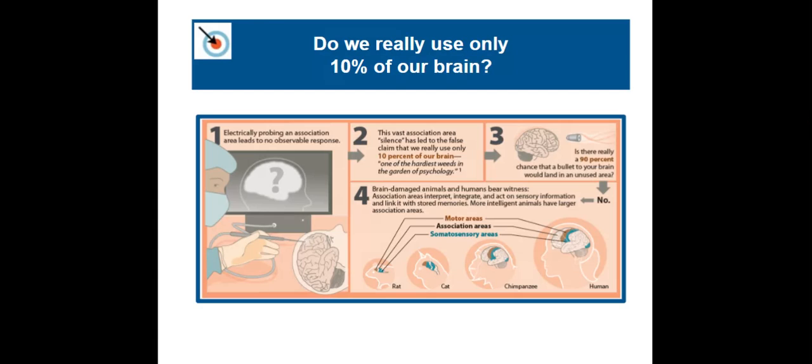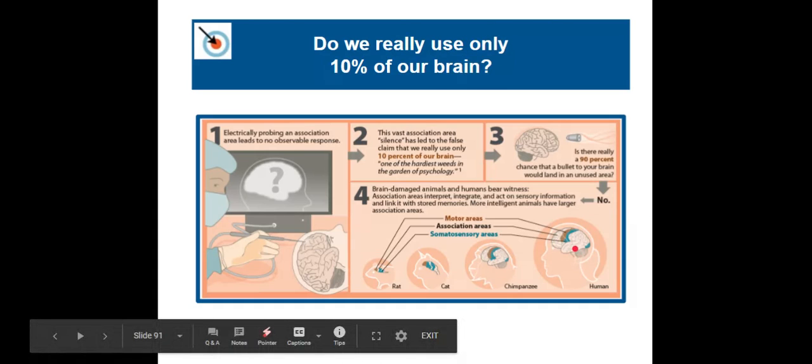And what we see is that association areas do not cause any kind of observable response. And association areas are the areas in our brain that are not specifically designated to other functions. So, for example, if you look down here in the bottom right, this is a human's brain.